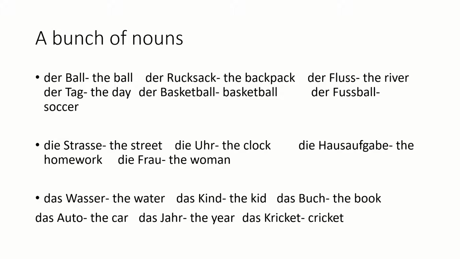For feminine nouns, you have die Straße, die Uhr, die Hausaufgabe, und die Frau. Now last for neuter, das Wasser, das Kind, das Buch, das Auto, das Jahr, und das Cricket.